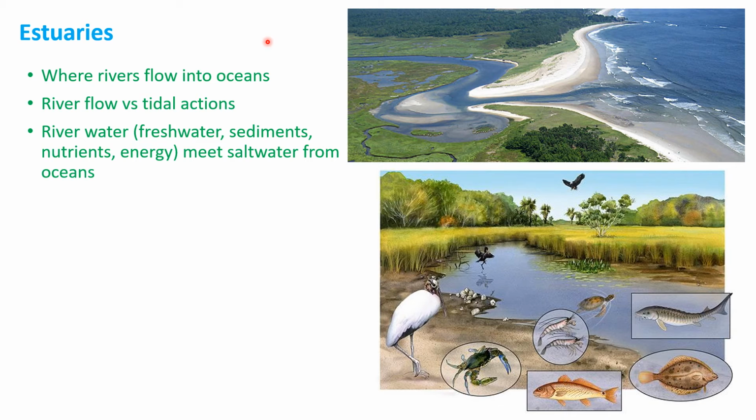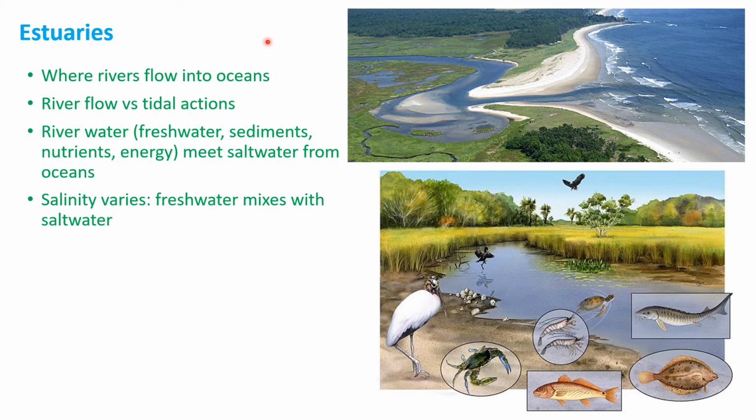So what does the river flow bring into the estuary? Well, it brings in fresh water, sediments, substrates, nutrients, energy in the form of dead organic matter, and also certain suspended organisms, right?